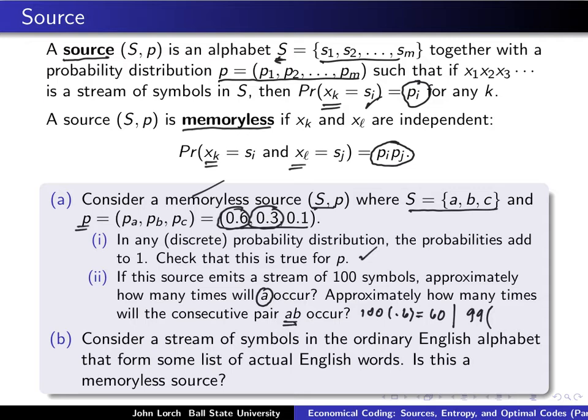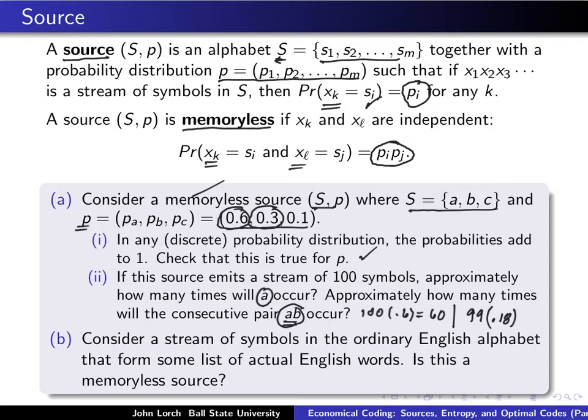So 0.6 times 0.3 would be 0.18. And so if you take 99 times 0.18, whatever that number is, that's about how many times we would expect the pair AB to occur in this list of 100 symbols.